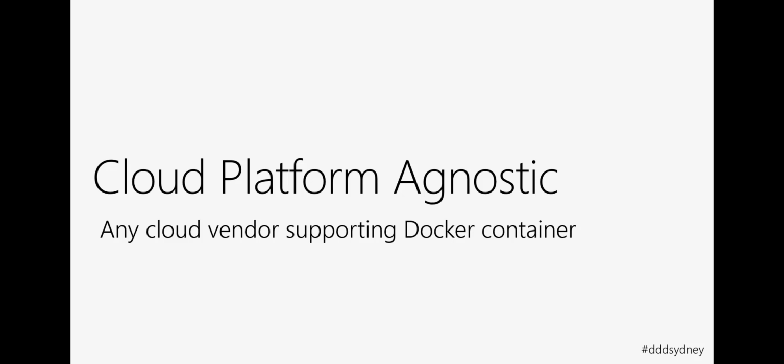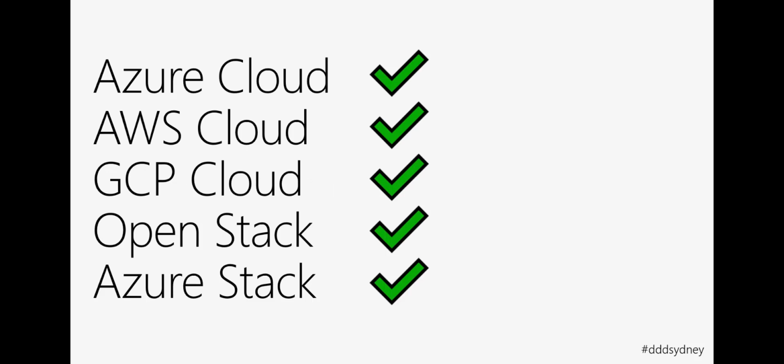As far as I know, these services currently support containers: Azure Cloud, AWS Cloud, Google, and OpenStack and Azure Stack. The bottom two are on-prem, but the top three are the public cloud side. So we can freely migrate from one place to another.